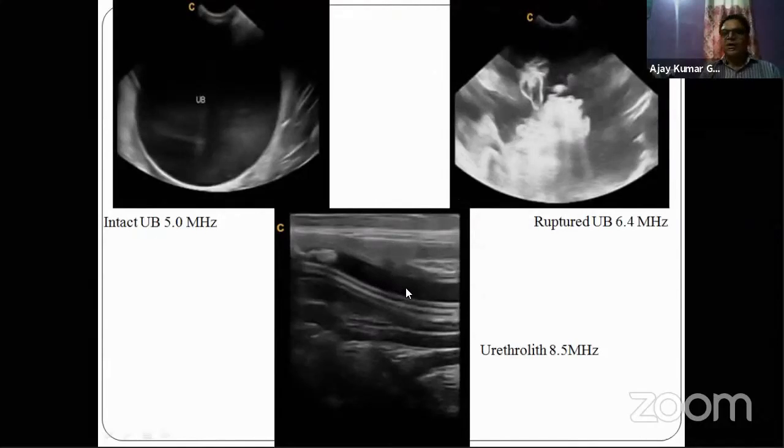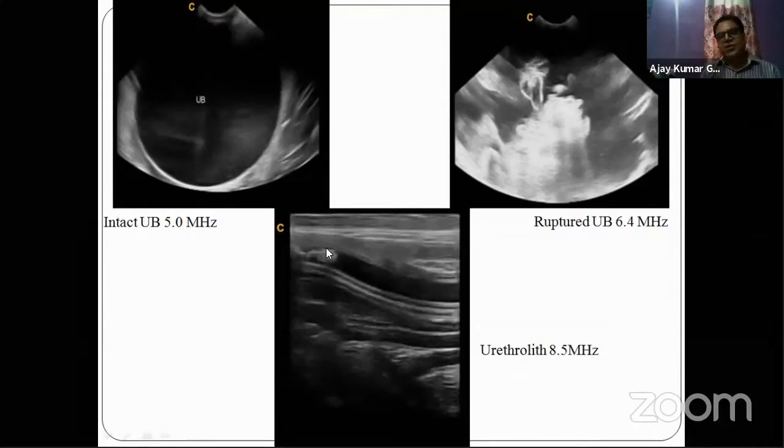And this is the scan of the penile urethra of a male calf. Since it is very superficial, it has been scanned with an 8.5 megahertz linear transducer. In this, you find the distended part of the urethra, the part caudal to the obstruction. This is the obstruction. Now you can ask, if this is the obstruction which is usually from calculi, why is there no acoustic shadowing?